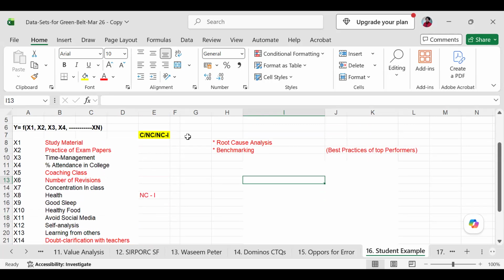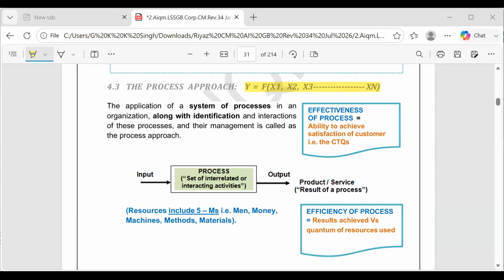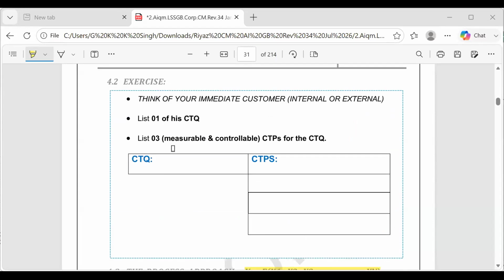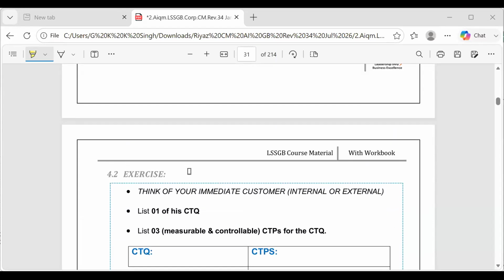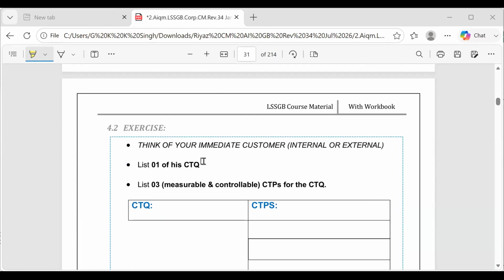Now, in the book, there is an example here, an exercise for you. Think of your immediate customer, internal or external.